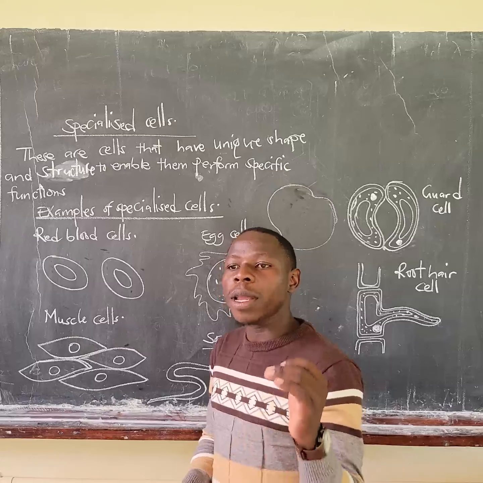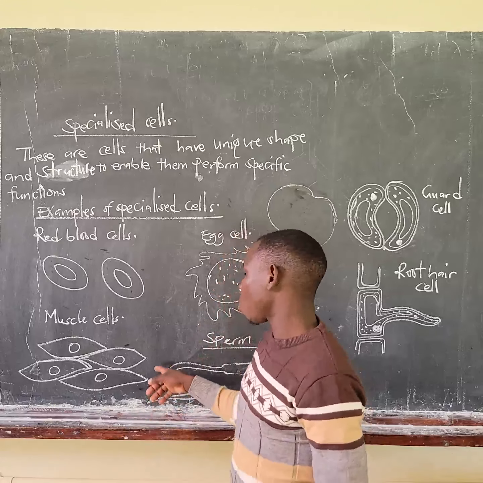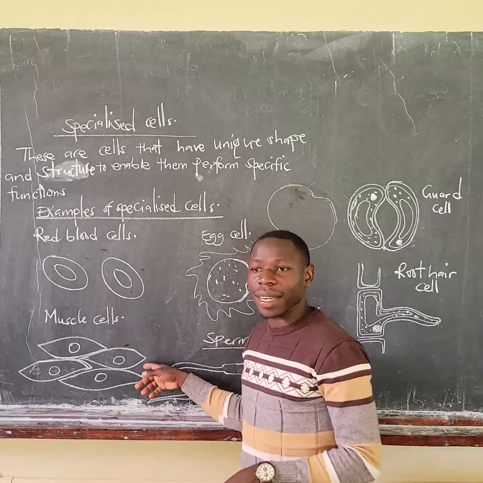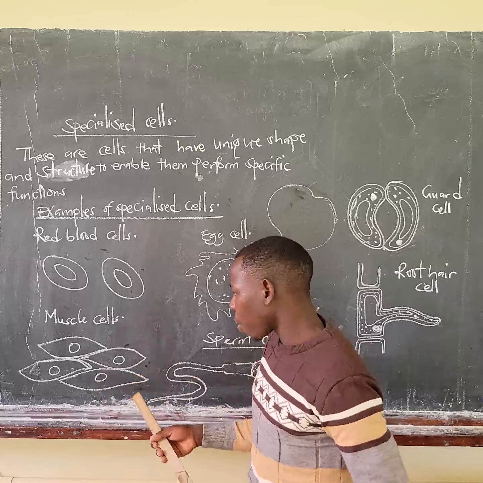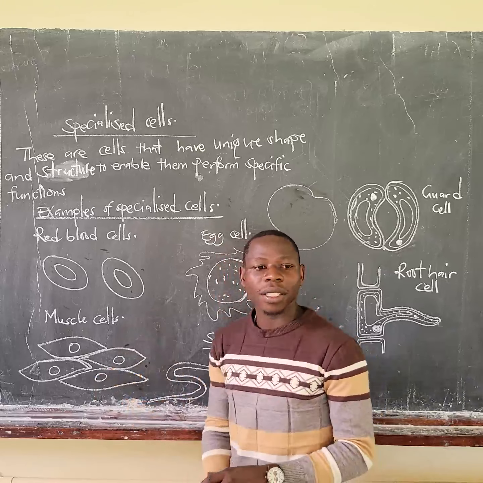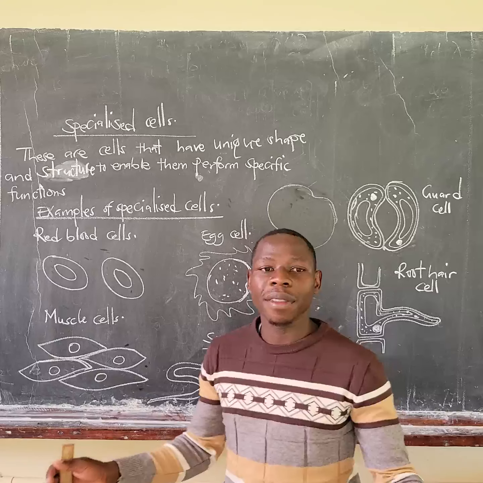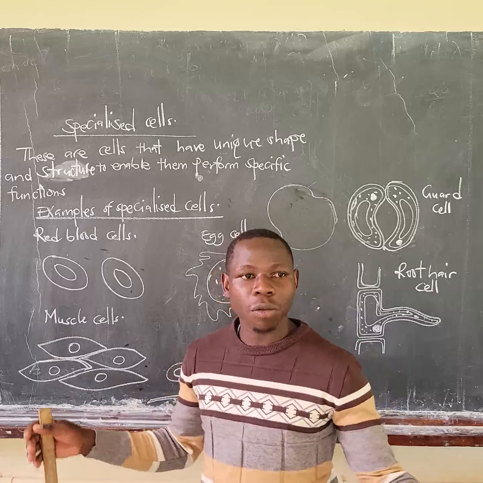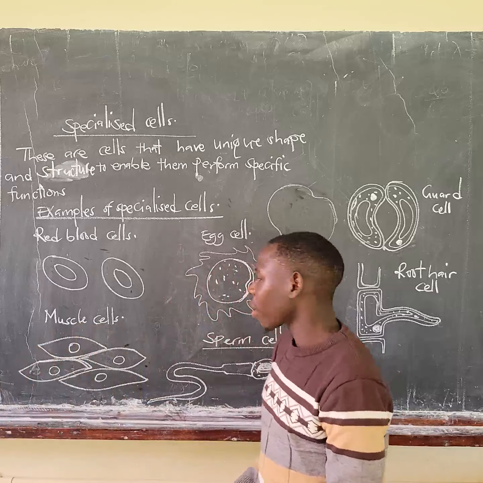Mitochondria, in the previous session we said, are responsible for energy production. They are sites where energy is produced in the cell. Now, these cells of the muscles help us to move, help us to talk, help us to do most of the things we do that require movement.